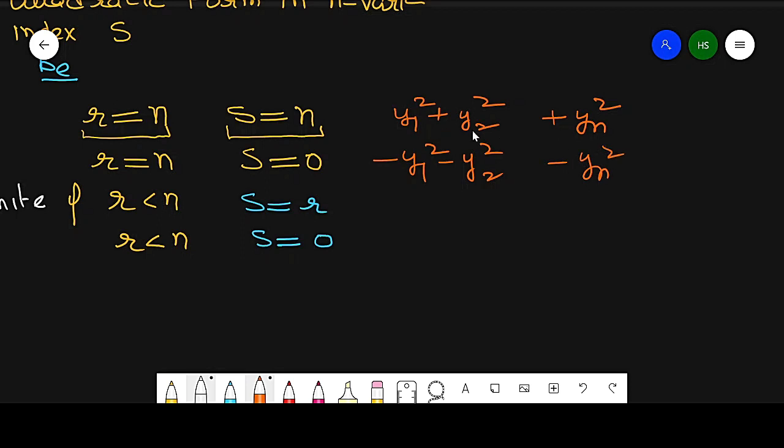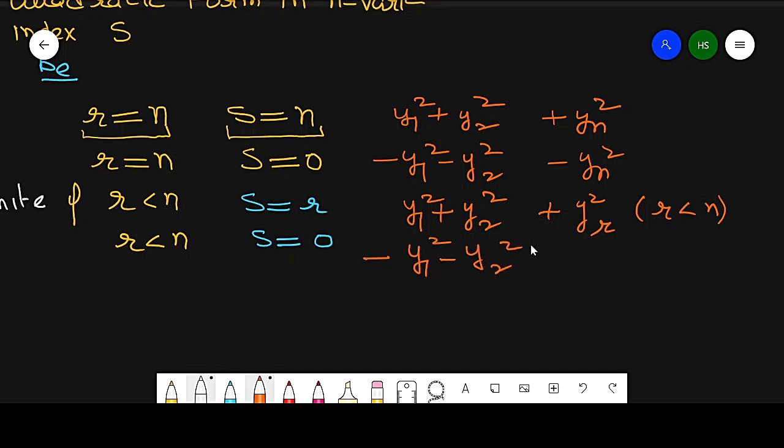The first is a positive definite, you can check that. The second is a negative definite. Now third is y1 square plus y2 square plus up to yr square, where r is less than n. And last is minus y1 square minus y2 square minus up to yr square, where r is less than n.